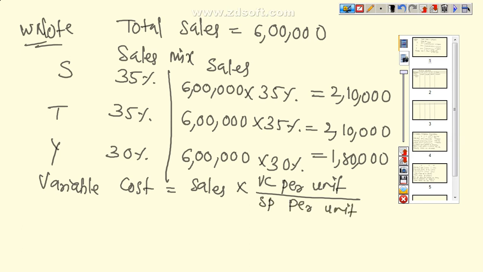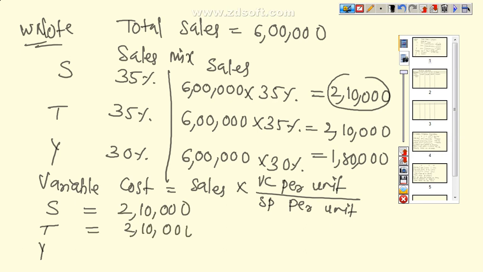So there are three products S, T and Y, so we consider individual product sale. Here it is for S 2,10,000, for T 2,10,000 and for Y 1,80,000.